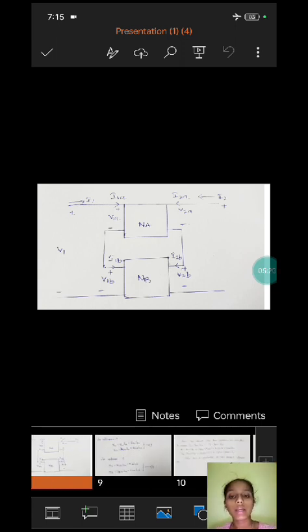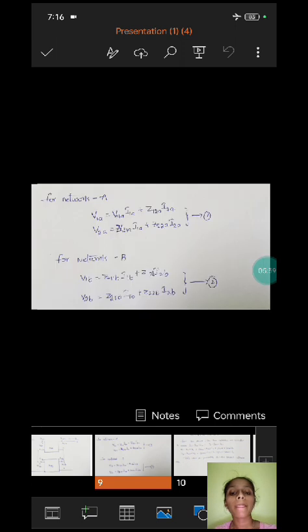And next one, this is a diagram. For example, you can find the Z parameters in this circuit. I1 is entering, with positive and negative polarities, in network A, the first two port network, and network B, the second two port network.